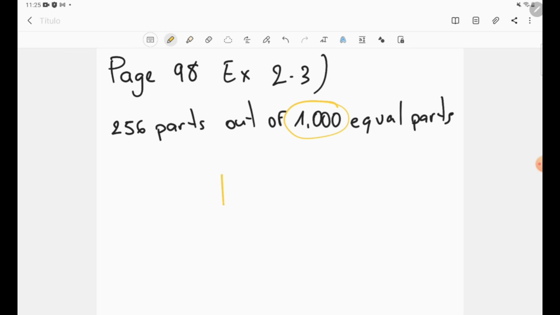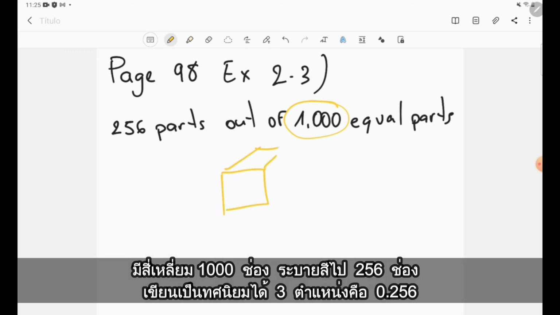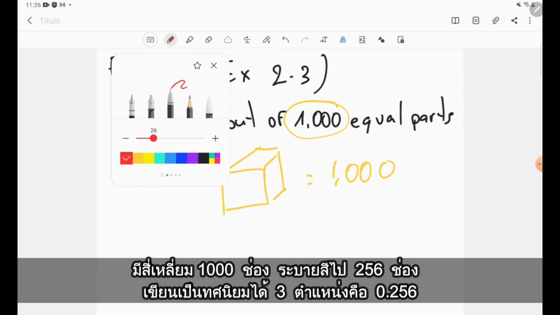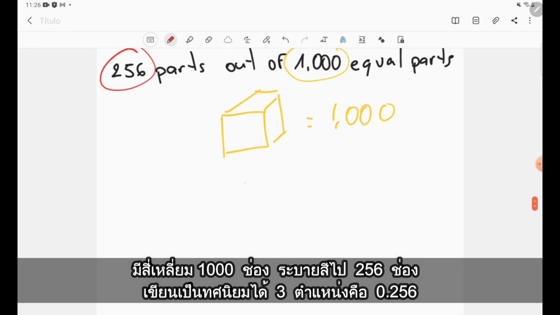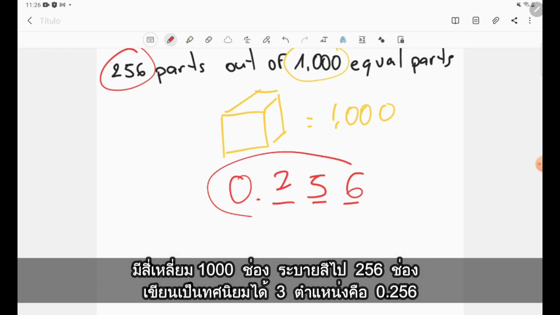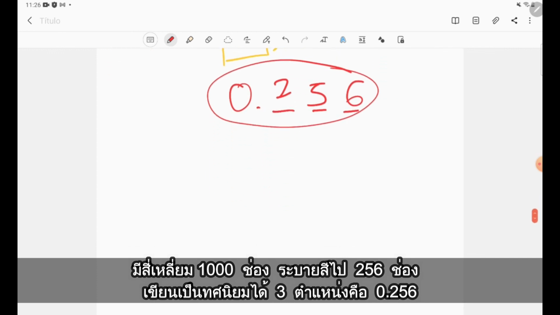It means that our figure is a cube, and we know that in the cube we have 1000, and they have colored just 256. Okay, so the decimal number should have 3 decimal digits. Okay, 1, 2, 3. So let's fill 6, 5, 2. This is the number. Okay, 0.256. Okay, this is the answer for that exercise.